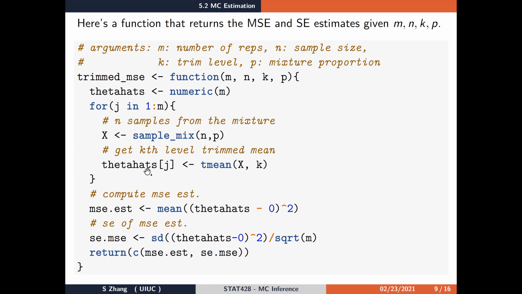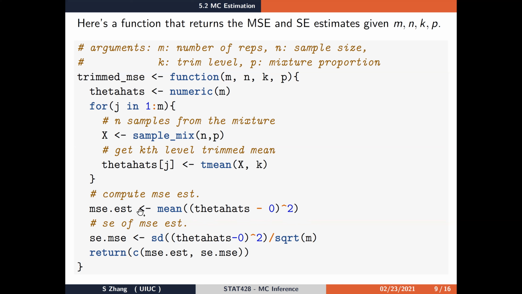And then with these theta hats, which are the trim means, we'll be able to calculate the estimated MSE. So let's call it MSE est. And like we said, this is given by the mean of the theta hats minus 0, squared. So that's going to be our estimated MSE.